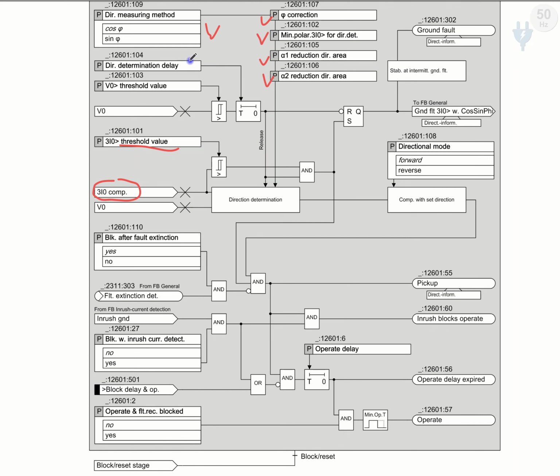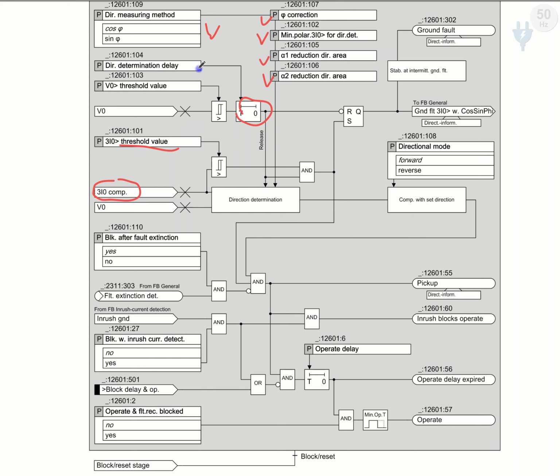And direction determination delay: we said that we give some delay because it's required for waiting till the system is out of the transient condition. If we do not give this delay to the signal, then the direction will be misguided, or we can say that the determined direction is wrong.